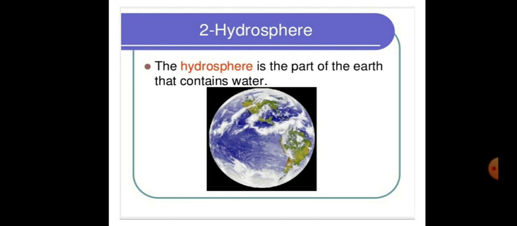Human beings cannot use it. A large portion of the rest of the water is in the form of ice sheets and glaciers or is under the ground. Glaciers means huge icebergs, huge pieces of ice. Okay, a very small percentage is available as fresh water for human use.